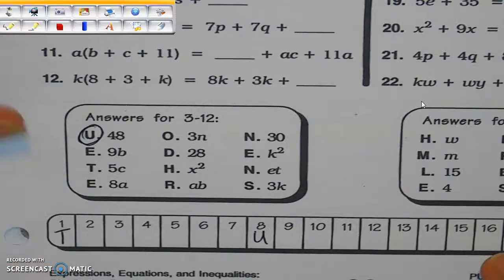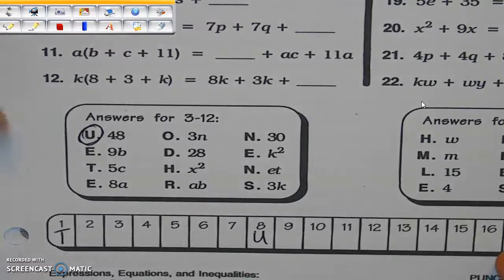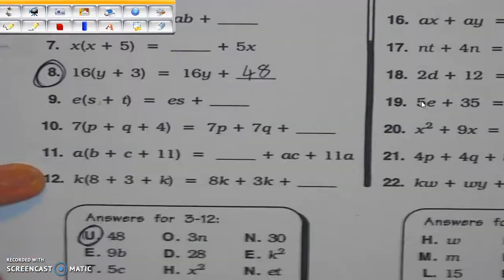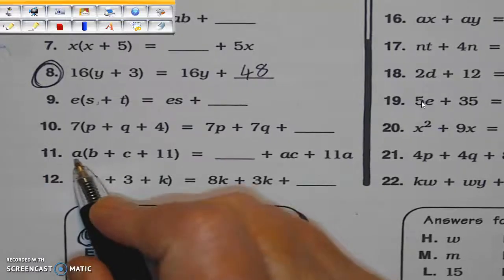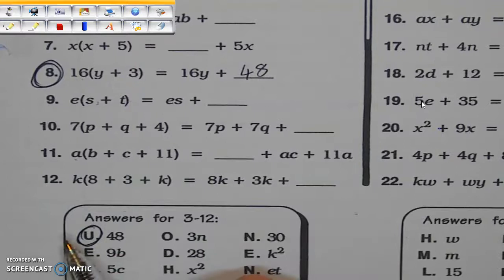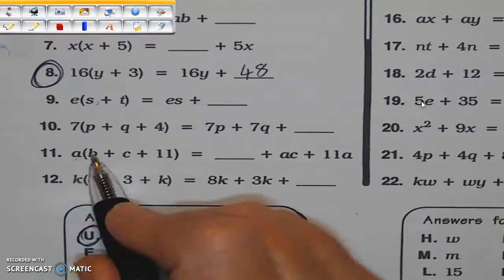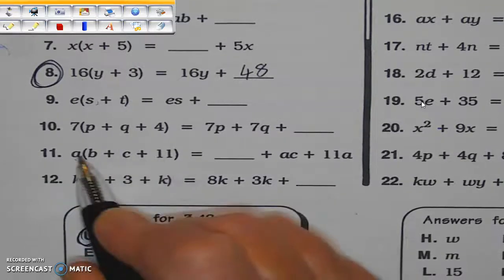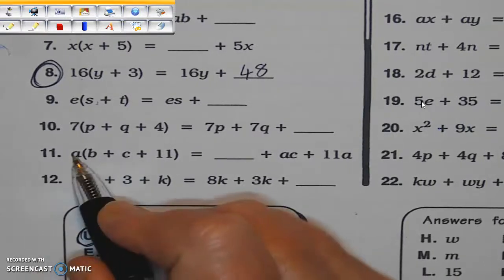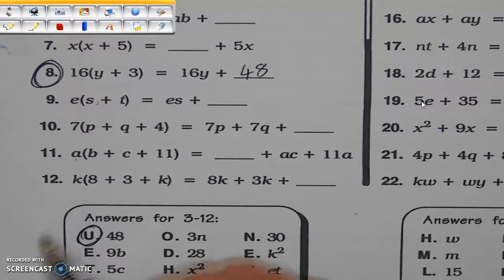Let's do another one. Let's do number 11 here, seeing as we can see it. A groups of (B plus C plus 11). So you're multiplying everything by A. So it's going to be AB plus AC plus A times 11.